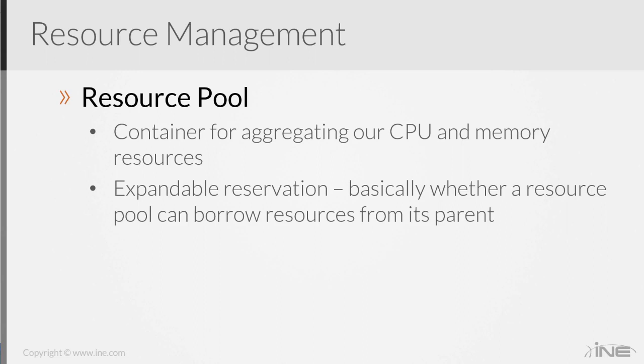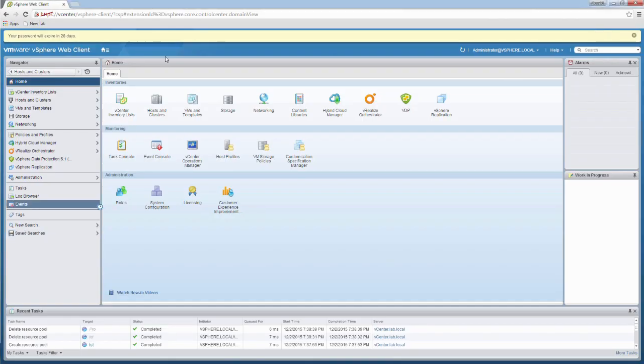So let me pull up my vSphere web client here, and then we could have a look at this. So let's start by identifying shares, limits, and reservations, where we'll configure those.